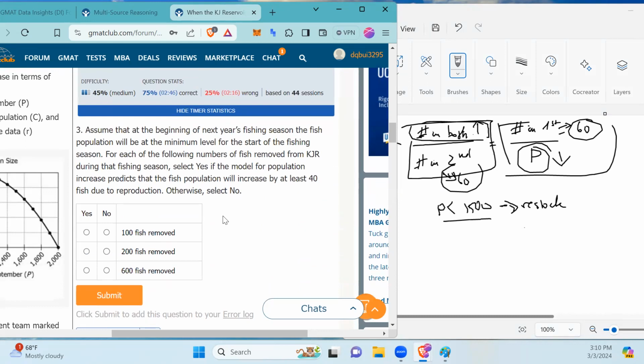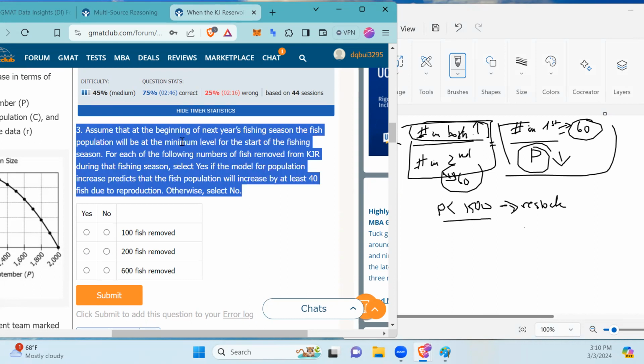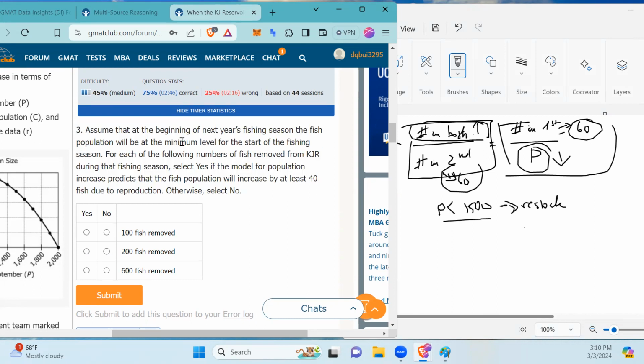Number 3. Assume that at the beginning of next year's fishing season, the fish population will be at the minimum level for the start of the fishing season.